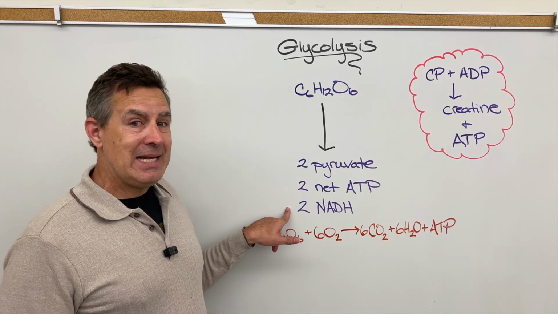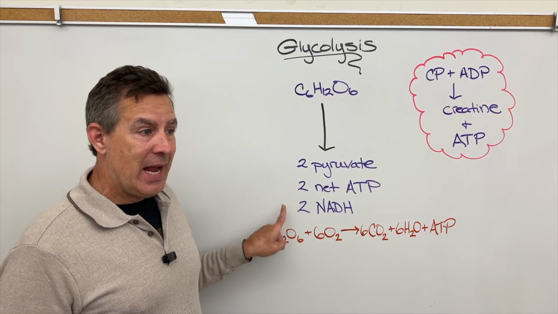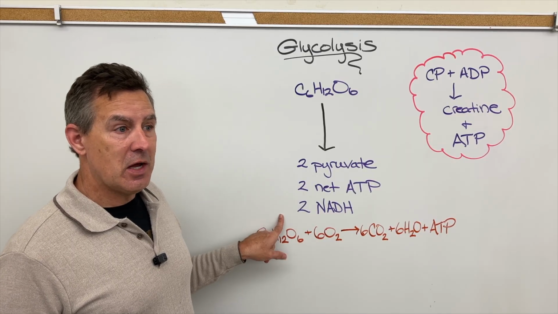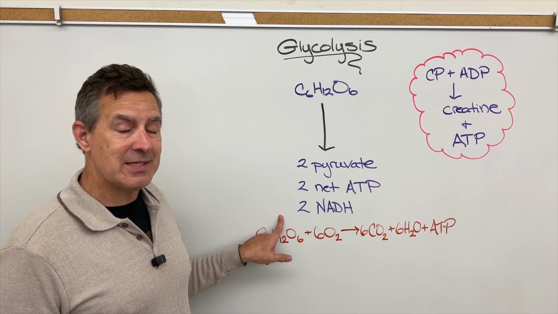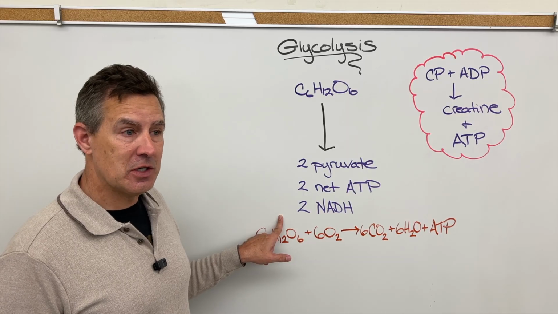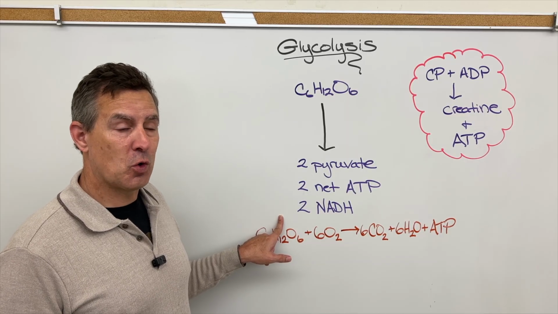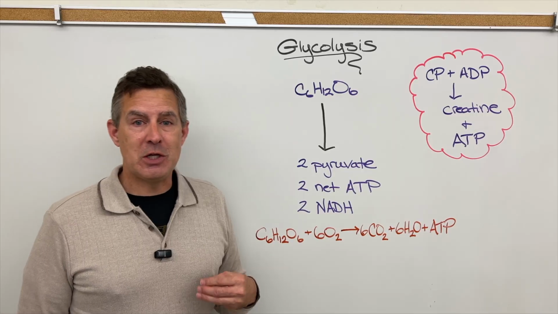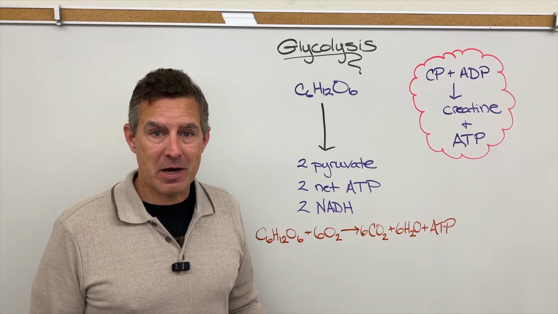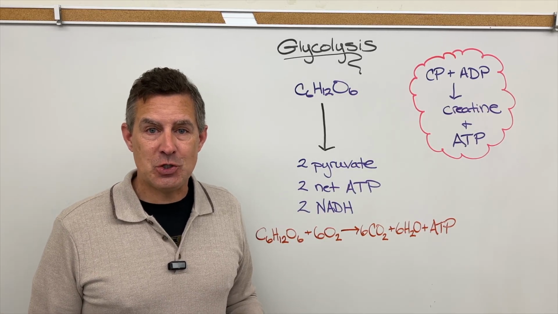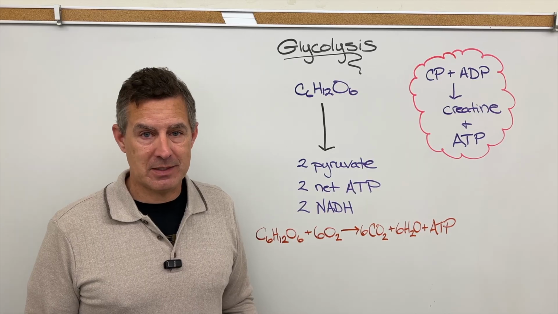But these 2 NADH molecules that are created are very valuable because they are transferring those electrons to the electron transport chain, which are going to be utilized to continually pump hydrogen ions into the intermembrane space.